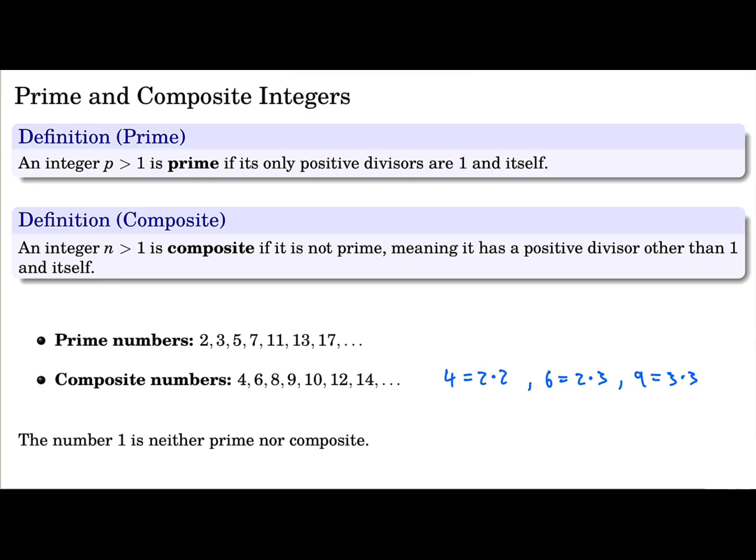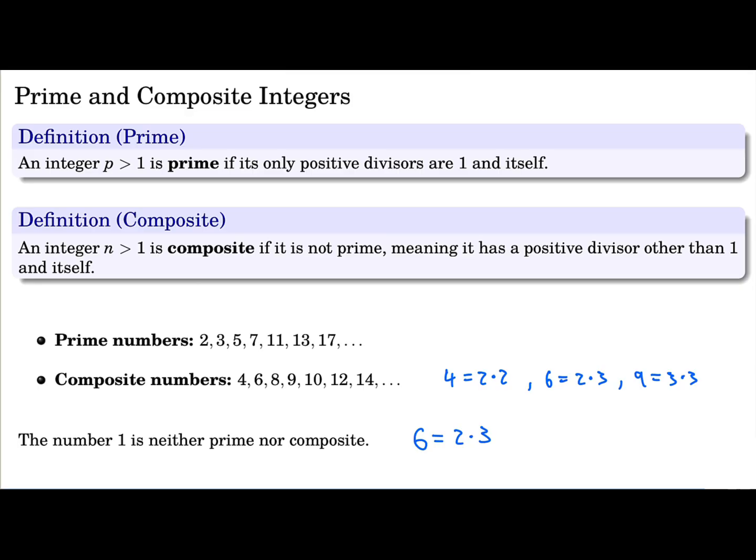And so one small point, which is quite important sometimes, is that we don't usually define the number 1 to be either prime or composite. The reason for that is that when we later see prime factorizations, this is so that prime factorizations are unique. Like we said here, 6 is equal to 2 times 3. And apart from just permuting these two numbers, this is the only way you can write 6 as a product of primes.